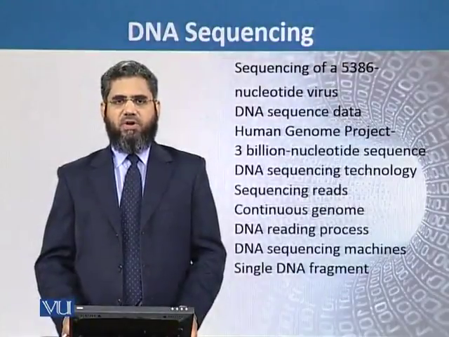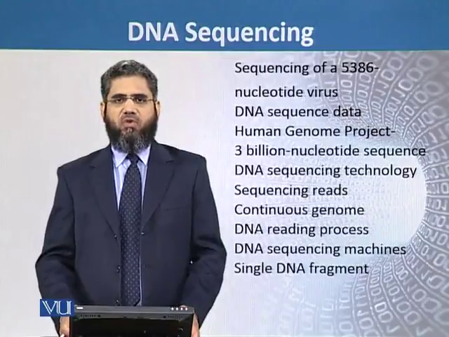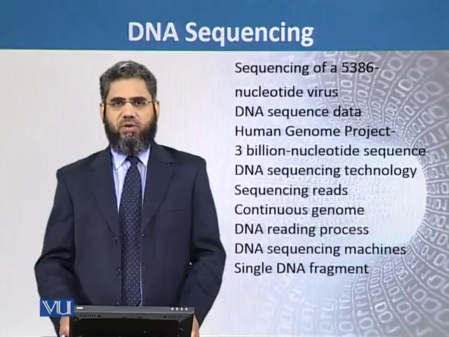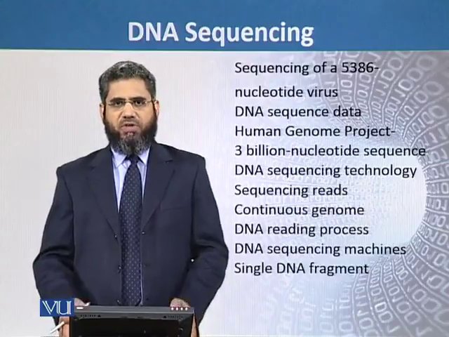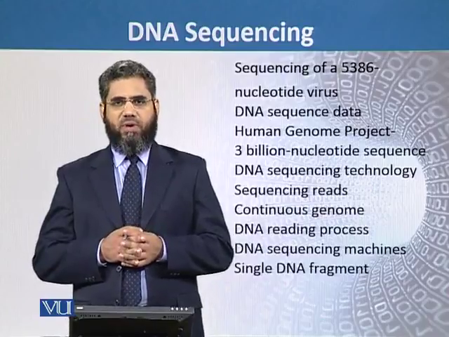So after the development of the Sanger method, it was used to sequence a virus that has a size of 5,386 nucleotides. After the sequencing of that virus, Sanger was awarded a Nobel Prize.